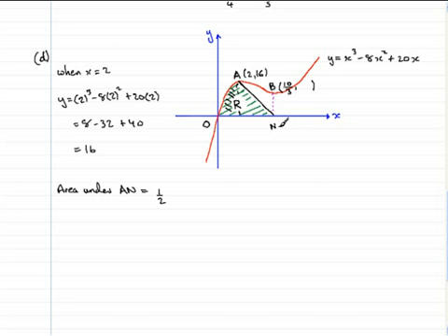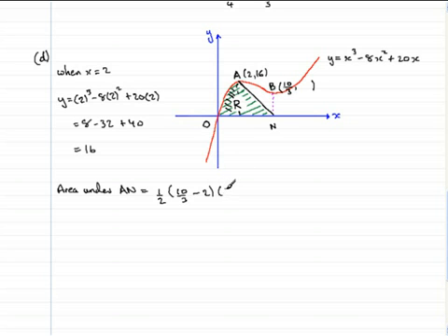We know that the x-coordinate of N is 10/3, and the x-coordinate here is 2, so the base will be 10/3 minus 2. Then the height of the triangle, which we've just calculated, is 16.